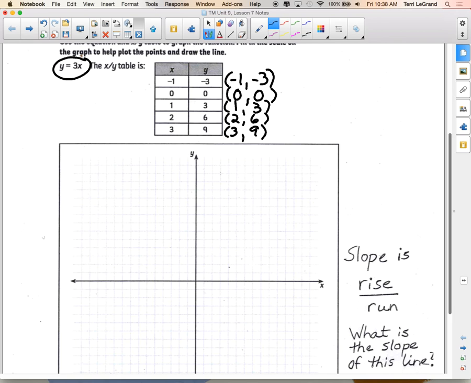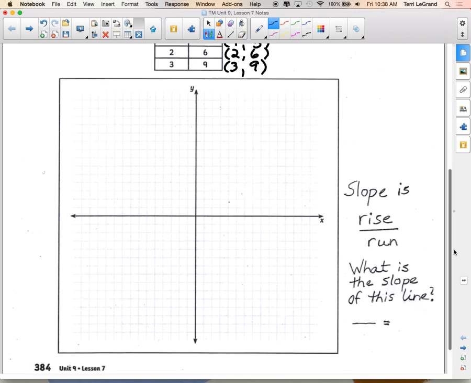I want you to get those put on the graph. Let's see if I'm totally off here.